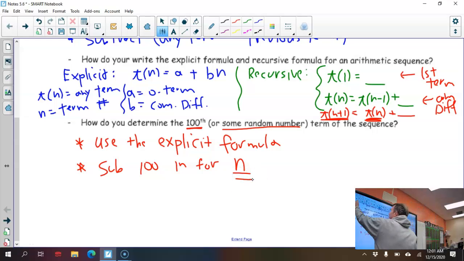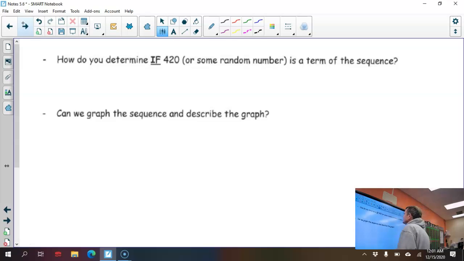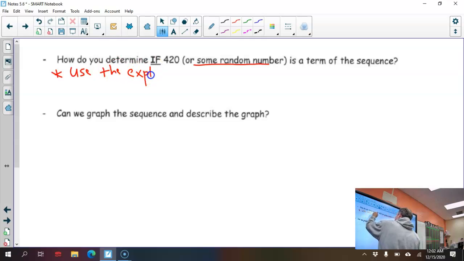All right? Next up, how do you determine if 420 or some random number is a term of the sequence? All right, so again, use the explicit formula.